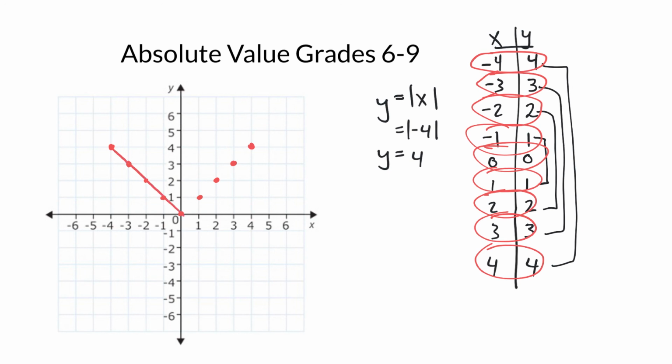We draw a line because the data isn't just on the dots. We have data in between the dots. Like I could have -2.1, and the absolute value of -2.1 is 2.1, and -2.1 is right here.